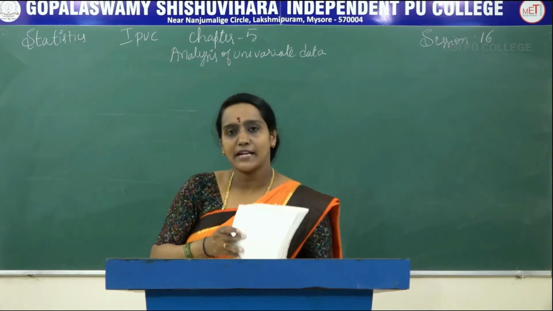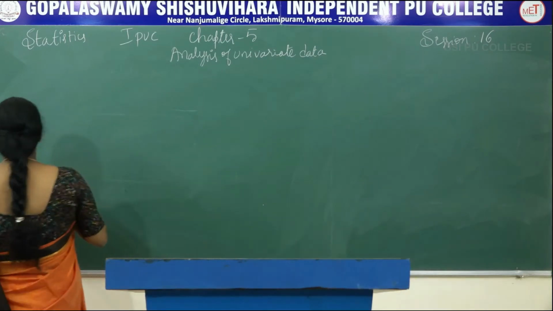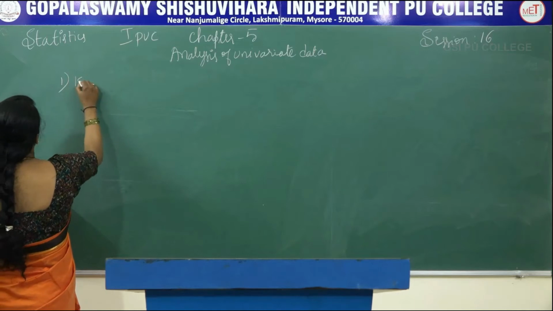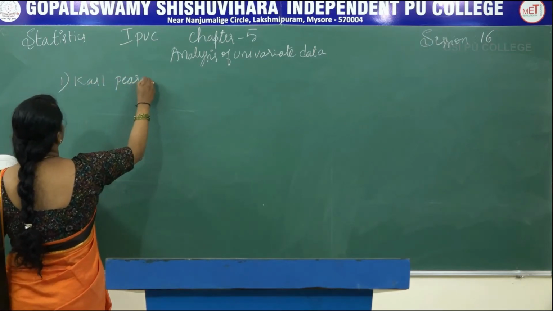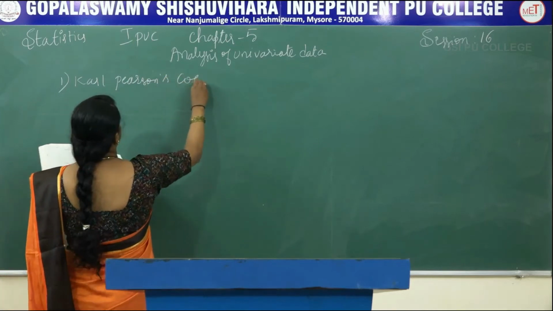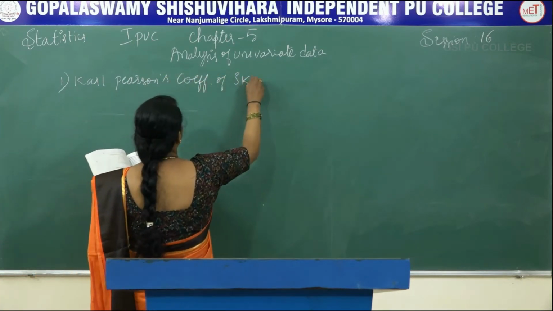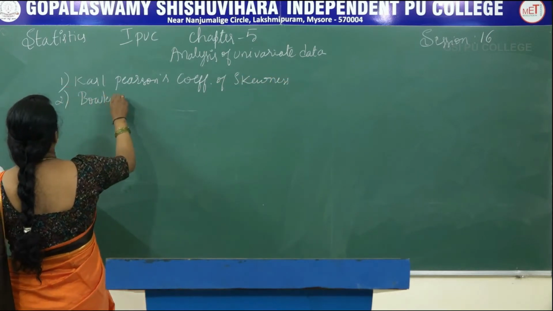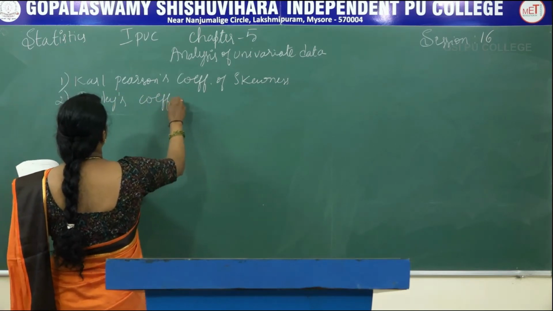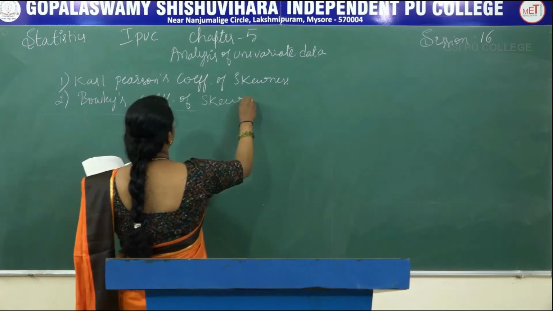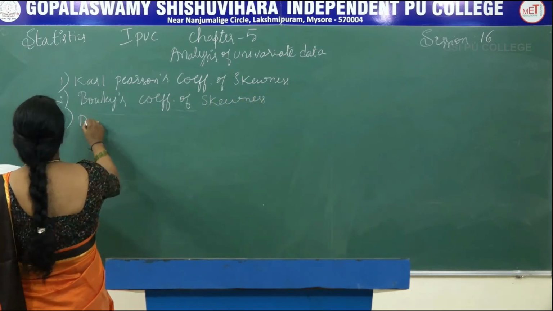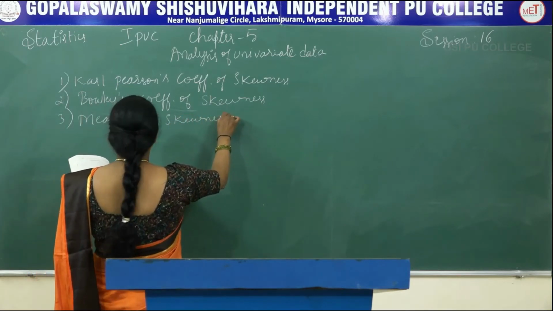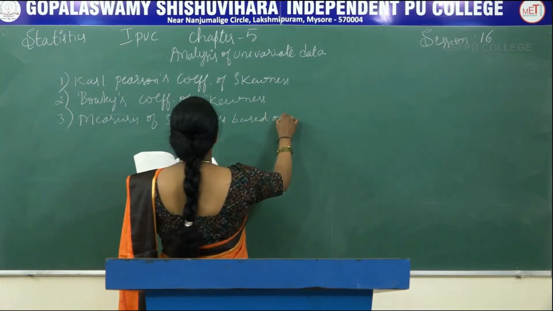We are using relative measures of skewness, or coefficient of skewness, and the important measures are Karl Pearson's coefficient of skewness, and second one Bowley's coefficient of skewness, and next is measures of skewness based on moments.